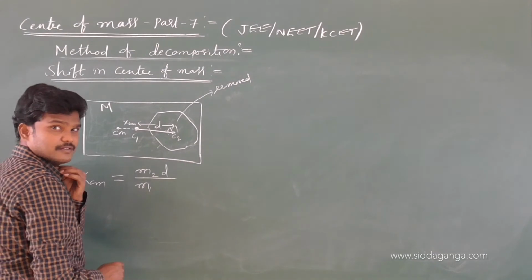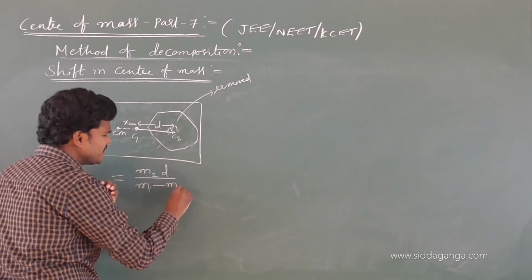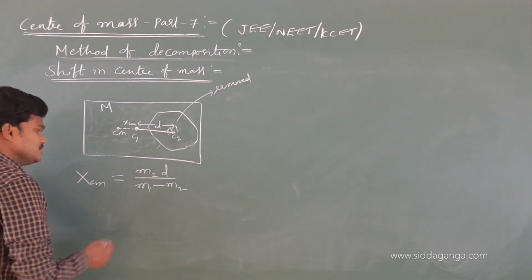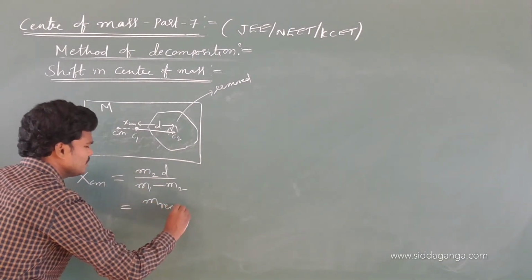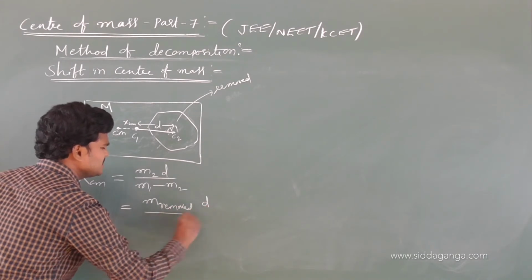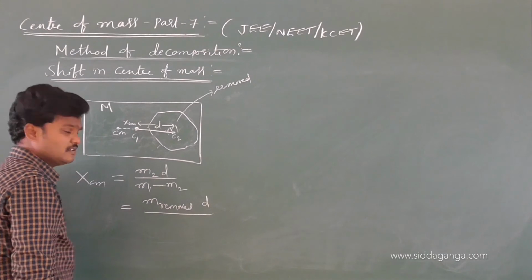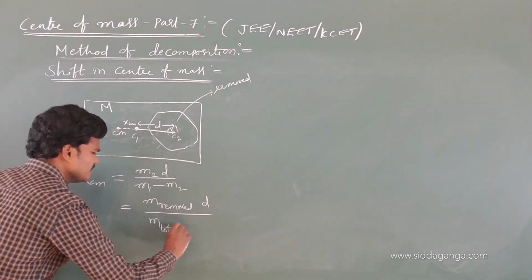Here I am writing M1 minus M2 now because this part is removed. So what is M2 here? M2 is nothing but the removed mass, into distance. What is this D? D is the distance between the two centers of mass. M1 is the total mass.